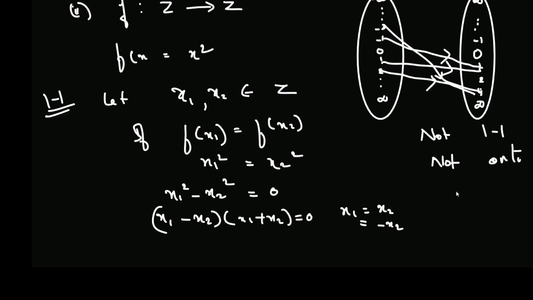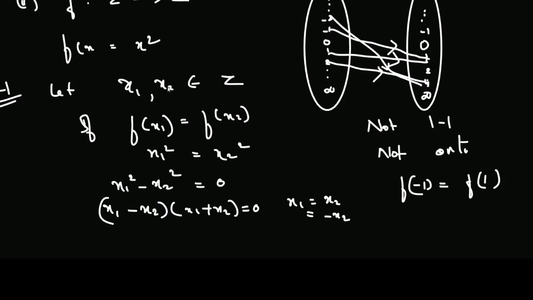For example, take f of minus 1 and f of 1. According to the definition, f of x is x square, so f of minus 1 will be minus 1 square, which is 1. Take minus 2 then, it will be easy for you to understand. So f of minus 2 will be 4 by the definition.